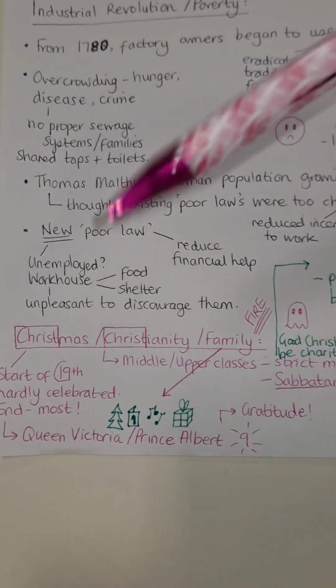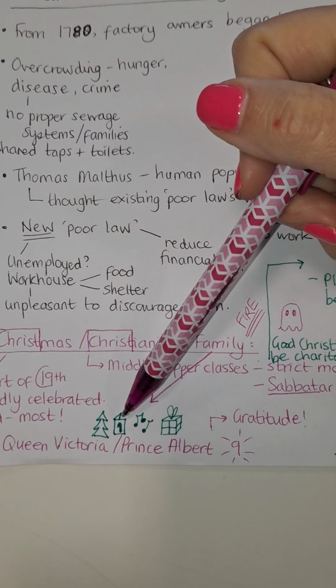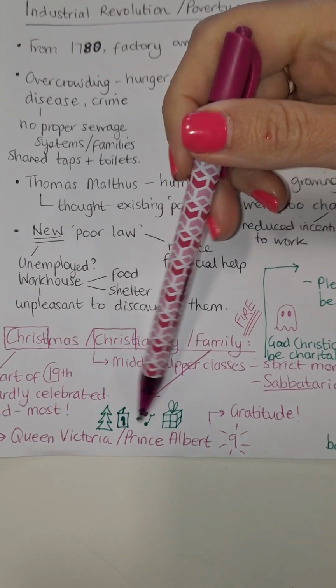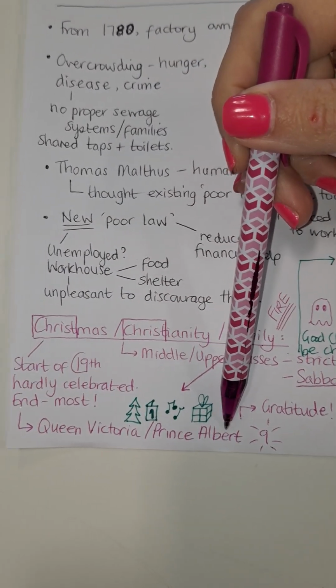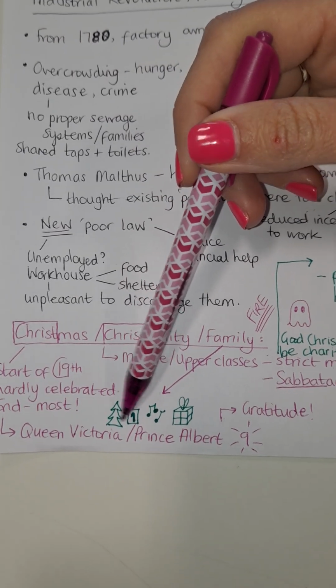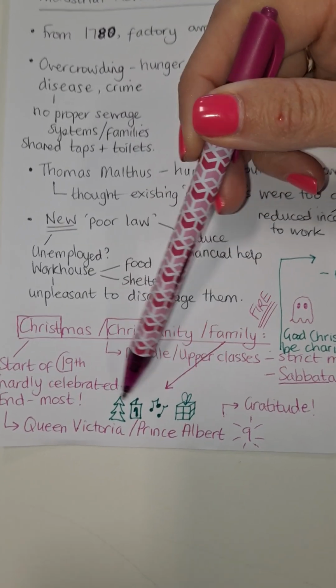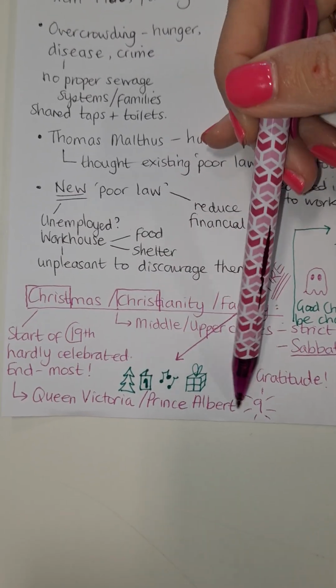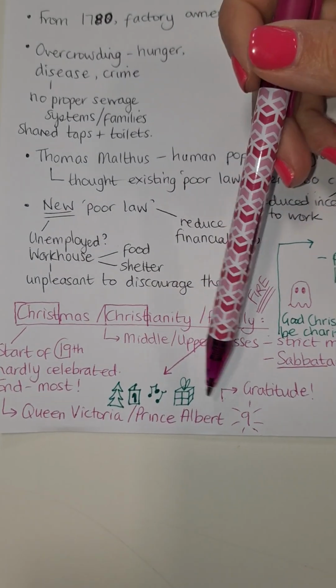So anything to do with Christmas trees being in the home, Christmas cards, Christmas carols, Christmas gifts, the Christmas dinner, all of this came back into our society as a result of Prince Albert marrying Queen Victoria. They were very well known for being a really close-knit family that enjoyed time with each other.